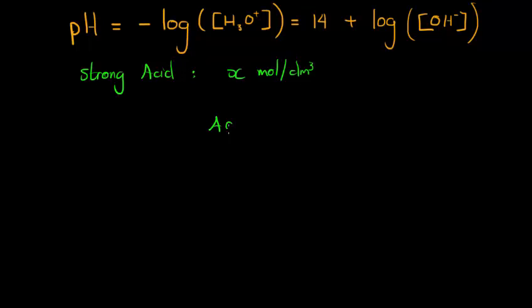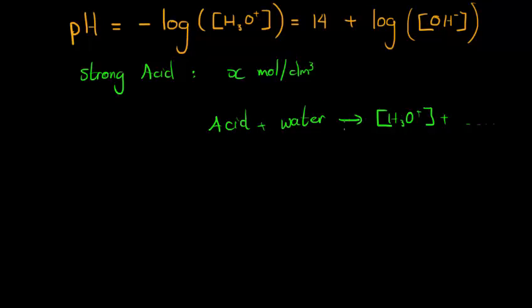What that means is, if I've got my acid in my water, then I get H3O plus ions plus whatever else we have. Since the acid dissociates completely, all of the concentration of the acid becomes H3O plus.